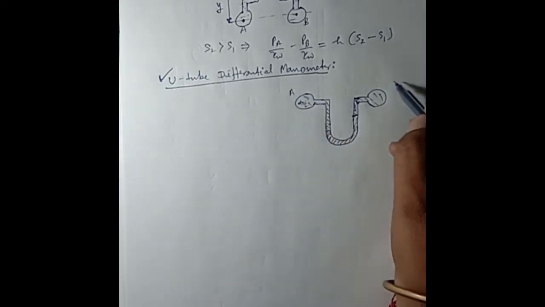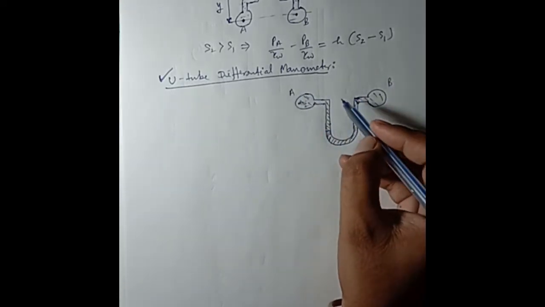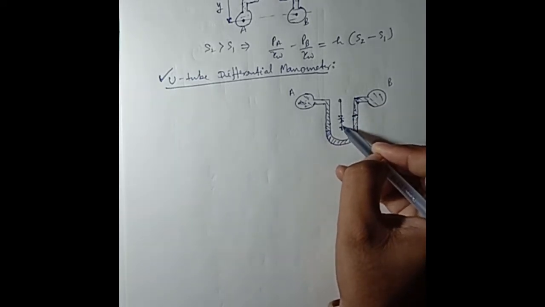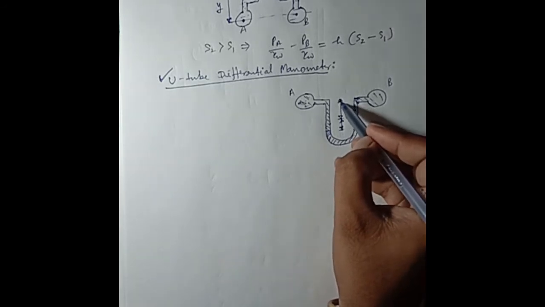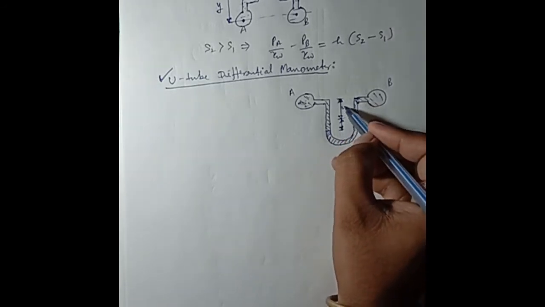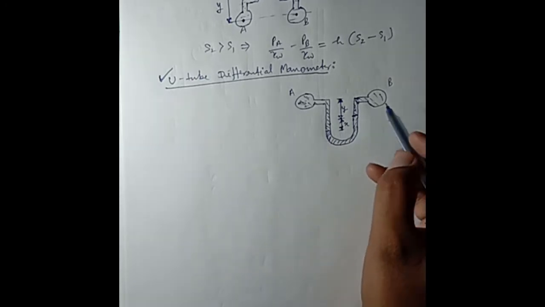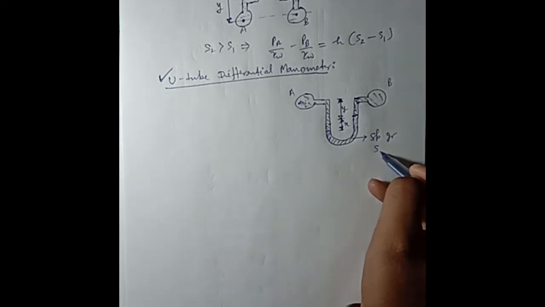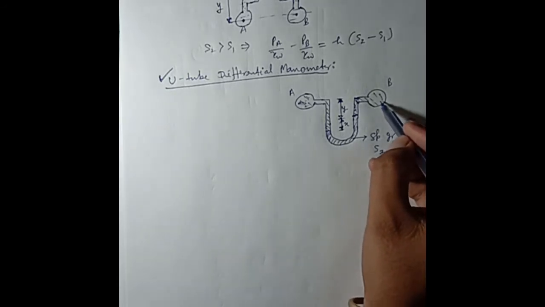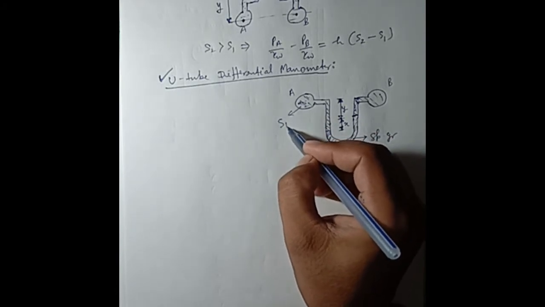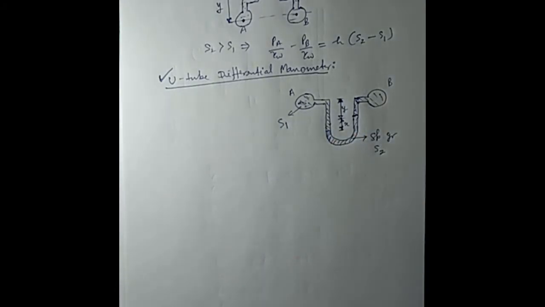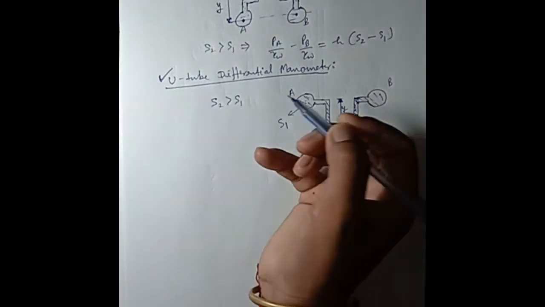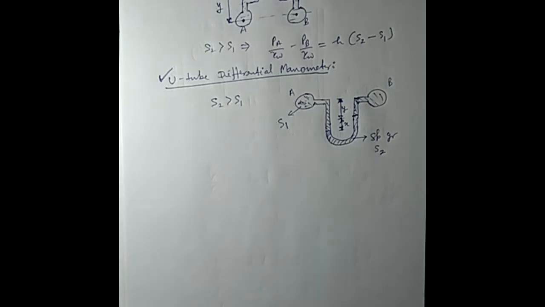This is the limb A, this is the limb B. The difference between the two types of fluid taken in the U-tube manometer is the Y and X. Here the specific gravity of the fluid is S2 and this is the S1. Therefore S2 is greater than S1.